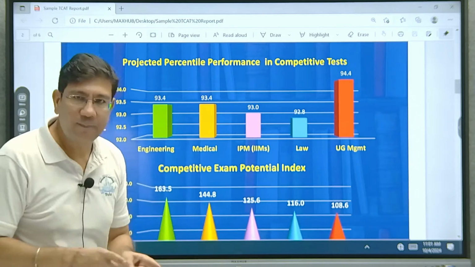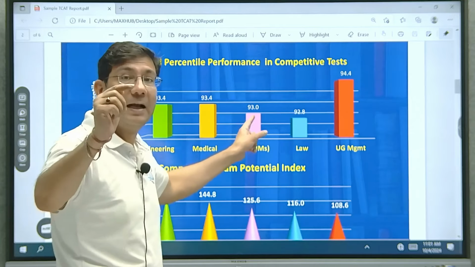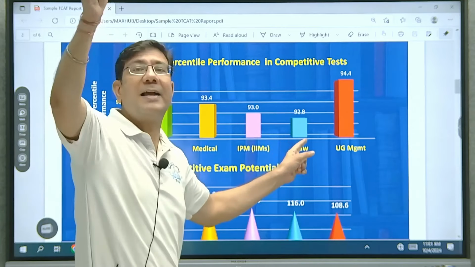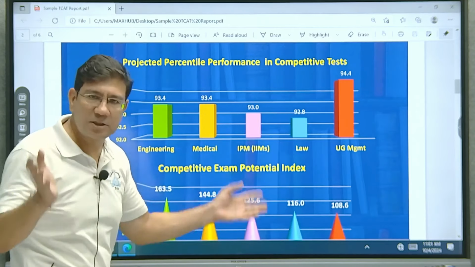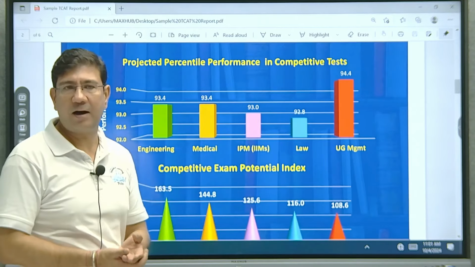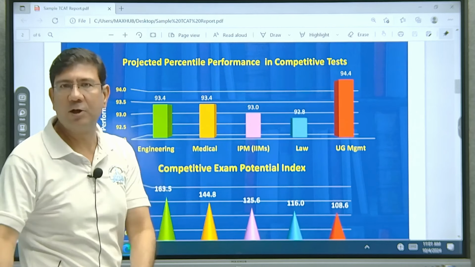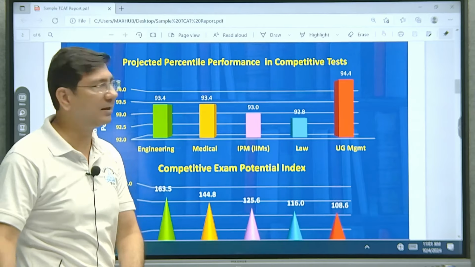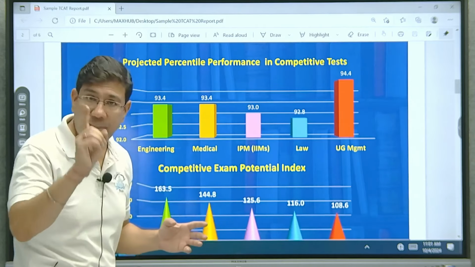So when we combine, in the first part what we saw was marks as compared to the highest marks in a particular subject. This is out of all the children who have taken this examination so far, so about 3,000 which have taken in the last 2 years and whatever 2,500 we are expecting this year, what percentile would your child be? It is not percentage.